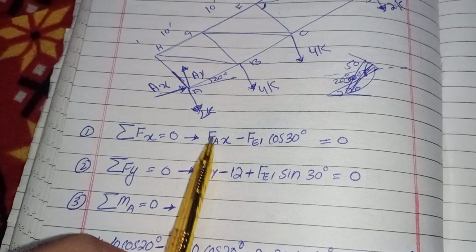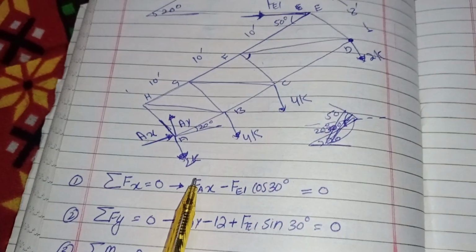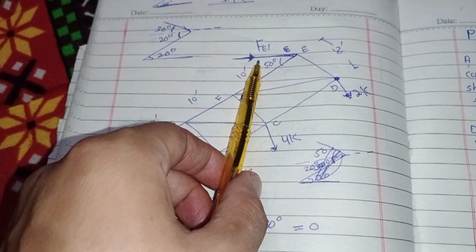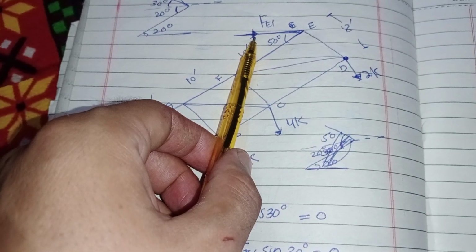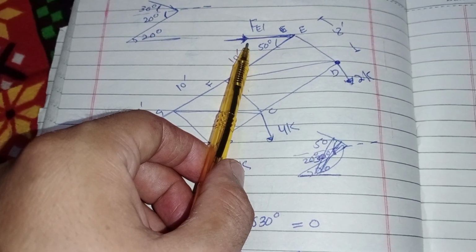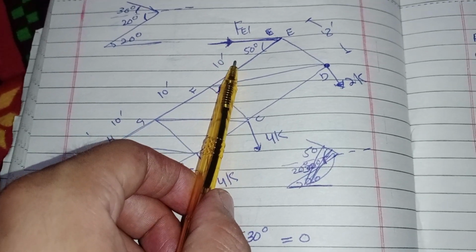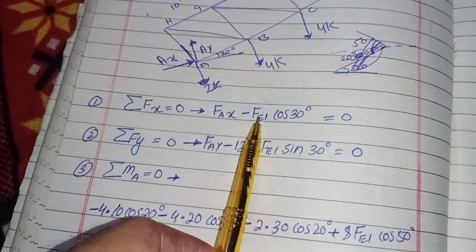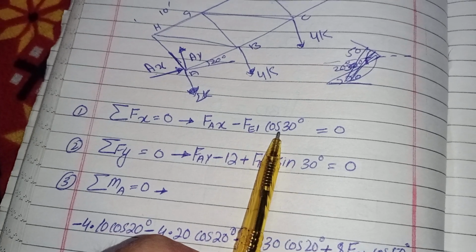So FAX is the horizontal force in this whole truss, and the other horizontal force is the component of FEI, which is negative. If you resolve it into its components, one component is the force in cable EI times cos 30 degrees.